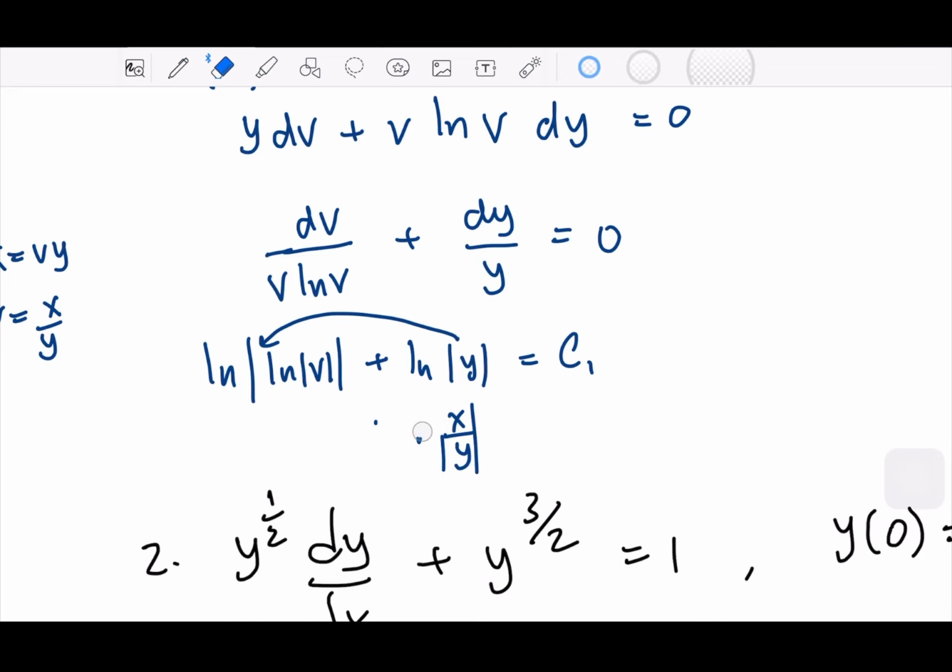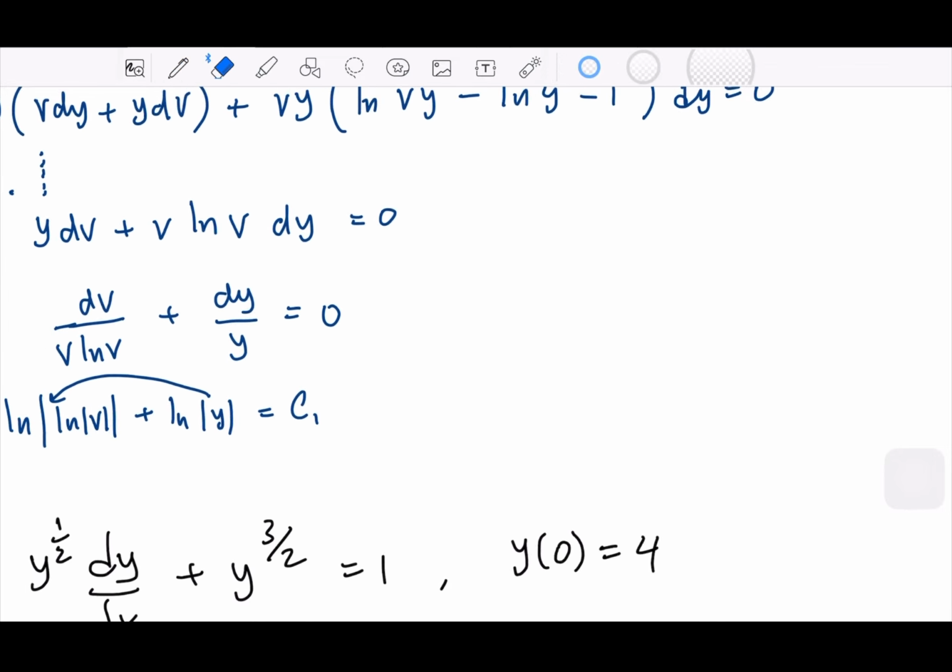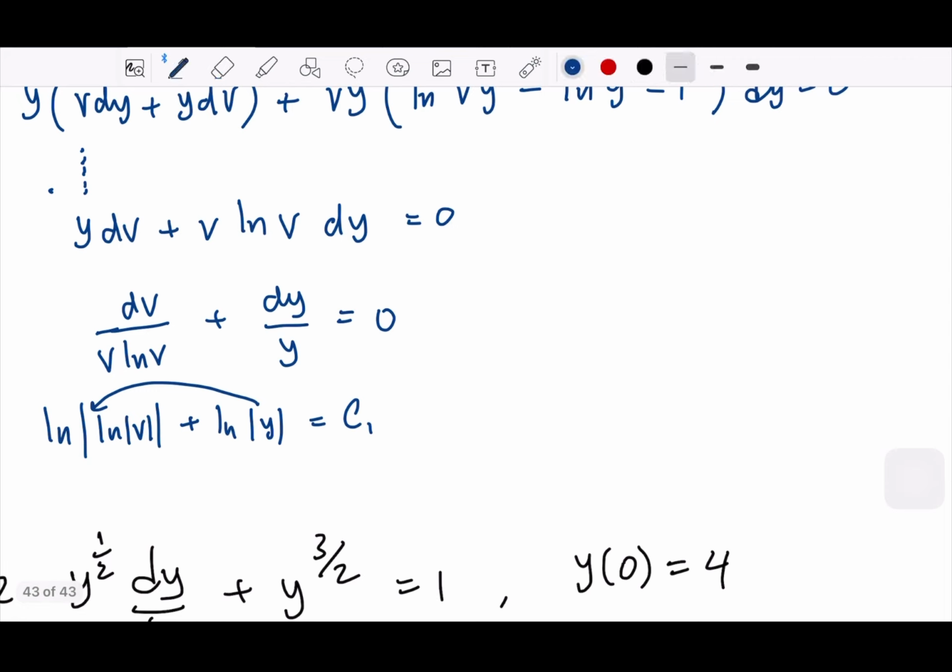So we get, maybe right here, that y ln x over y becomes another constant. Okay, I remove the ln in the front, so it becomes another constant.